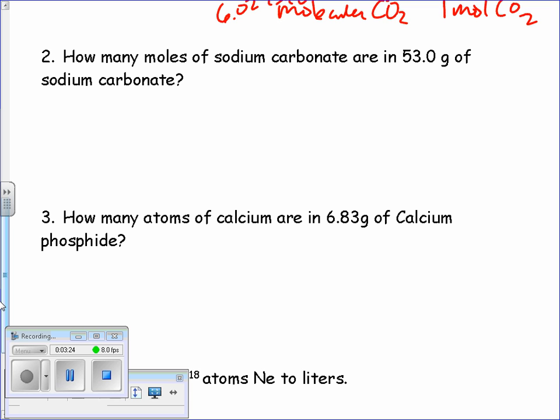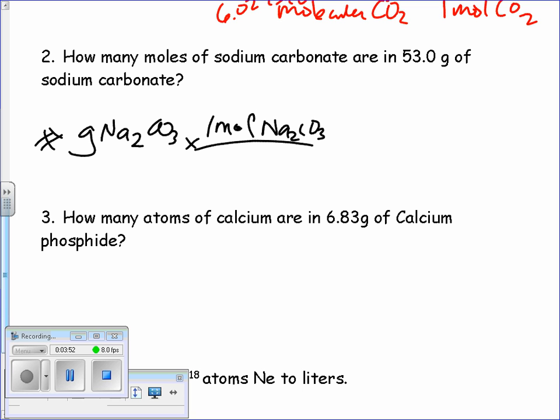Tell me what you would start with. For number 2, you would start with 553.0 grams of sodium carbonate. So grams of sodium carbonate. What's the sodium carbonate's formula? Na2CO3. Okay. And then you multiply it by 1 mole on top of sodium carbonate. Yes.